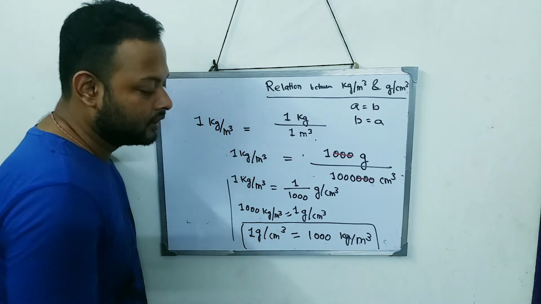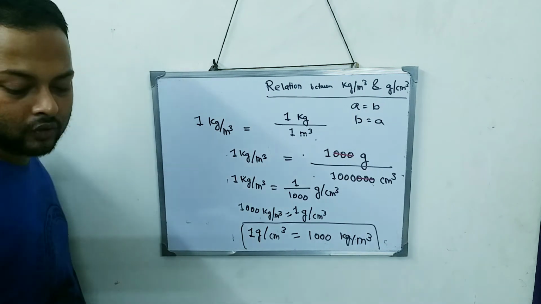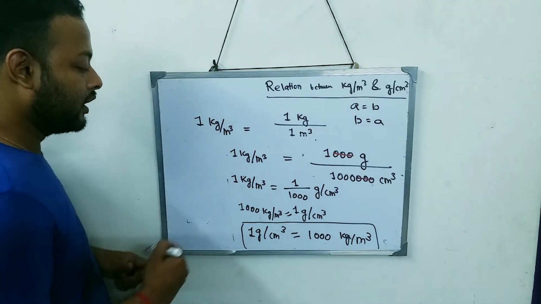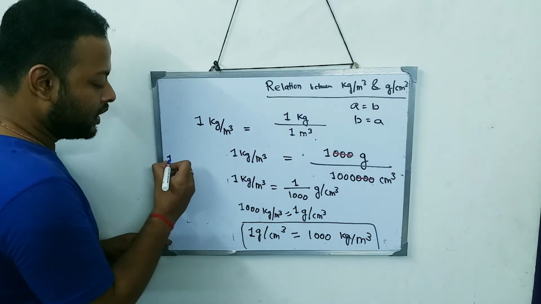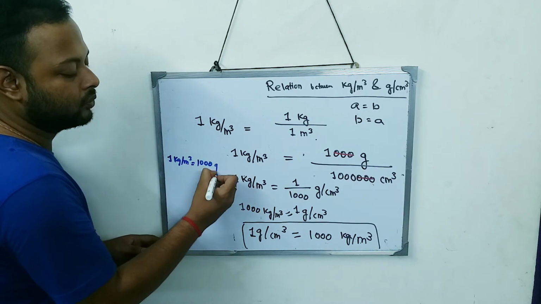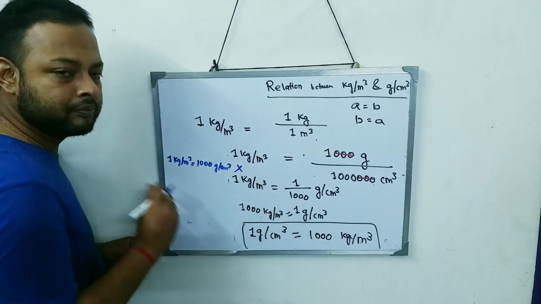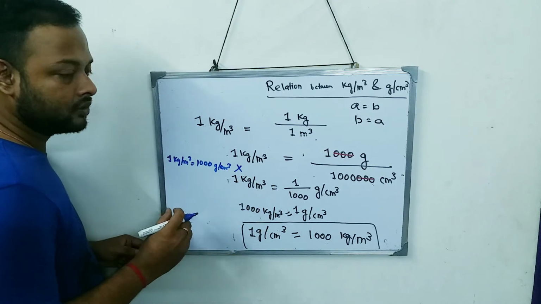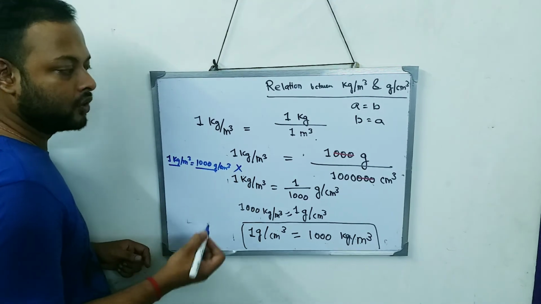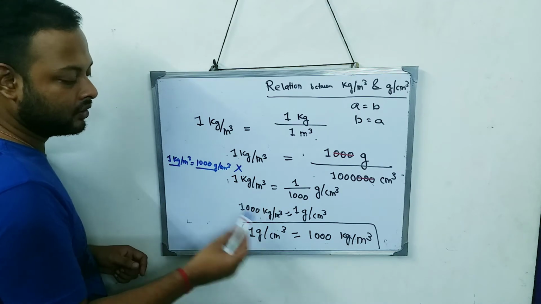This relationship, and just want to say one thing, because over the years I have seen students write the wrong way. They write that 1 kg per meter cube is equal to 1000 gram per centimeter cube. I don't know why they write it in this way. This is purely wrong, because students see 1 kg and 1000 gram, because we know 1 kg is 1000 gram, so they write the statement in the opposite way.